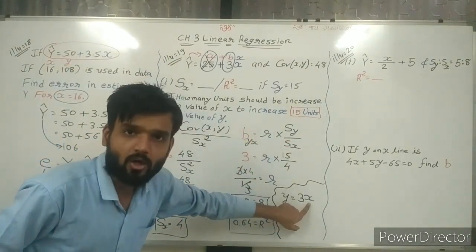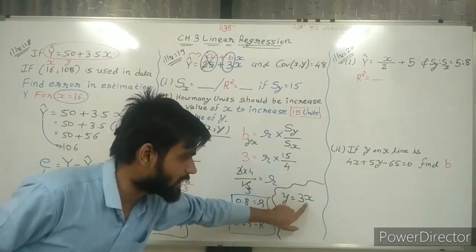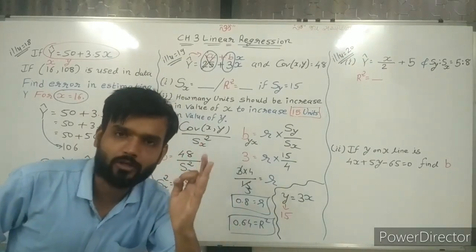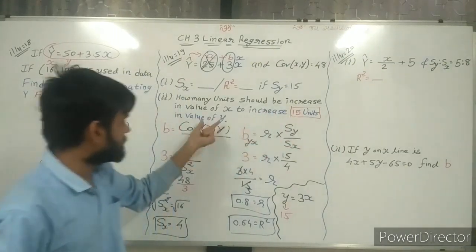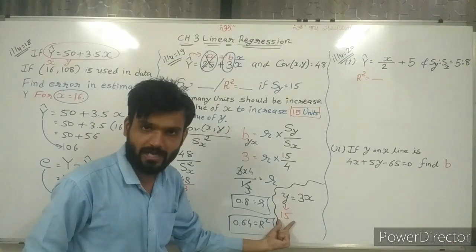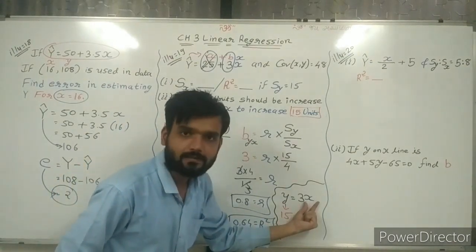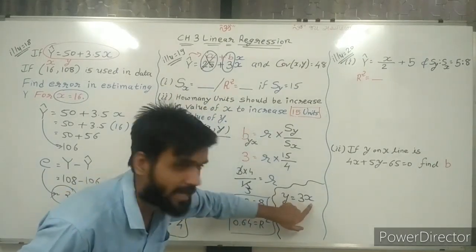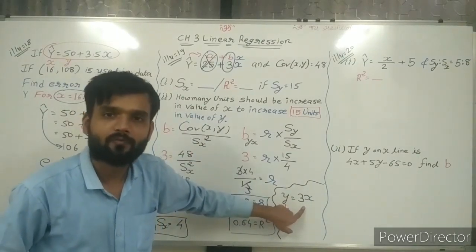So for x, what should I write so that its multiplication becomes 15? Again, try to understand please. Here, I need to increase the value of y by 15. Then what should be the value of x, so that the multiplication of these two becomes 15?